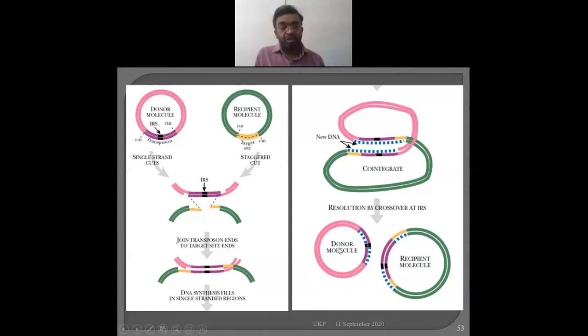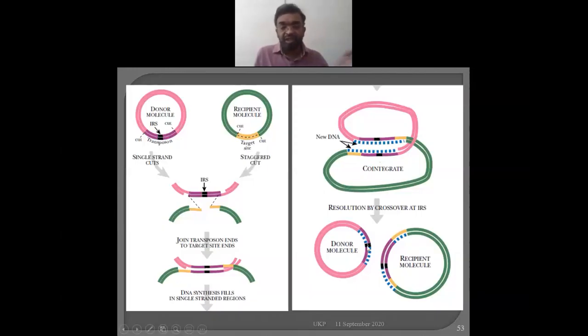Now, if you see the donor molecule, it is as it is, while in the recipient molecule, formerly the transposable element was not there, but now a transposable element is incorporated. Why is it referred to as replicative? Because while the transposable element is transposing, replication also takes place, and so two copies are generated.